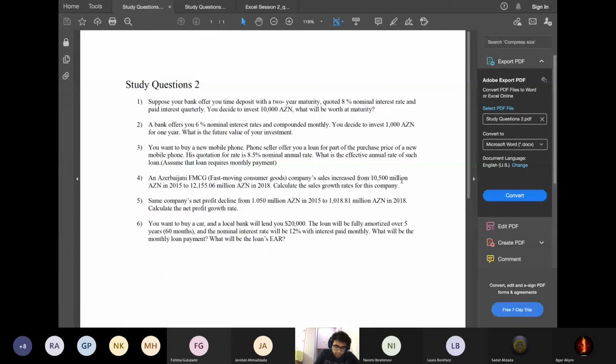We have present value, we are investing 10,000 AZN. So what will be the future value? The question is asking for future value, 10,000 multiplied by 1.02 to the power of 8.